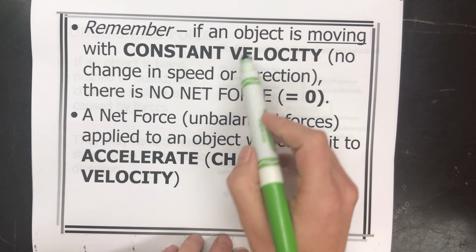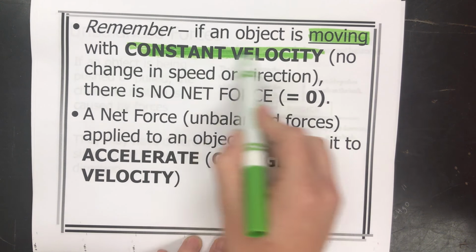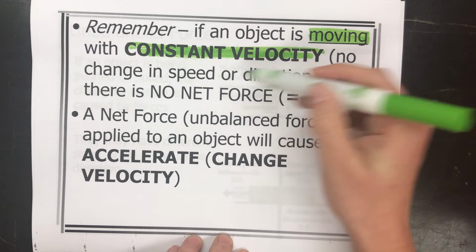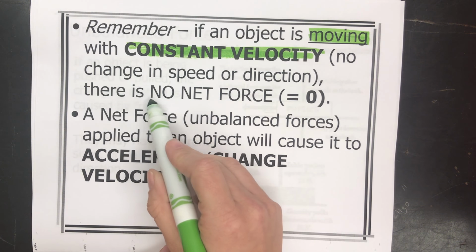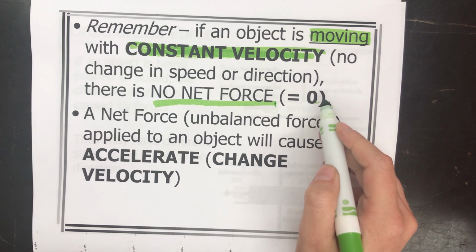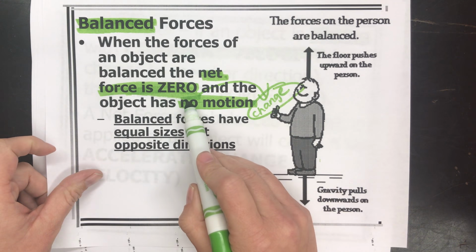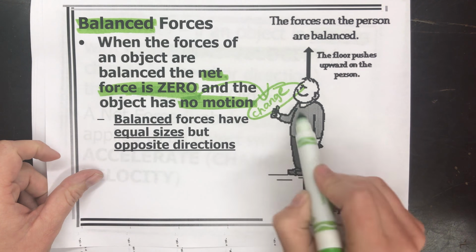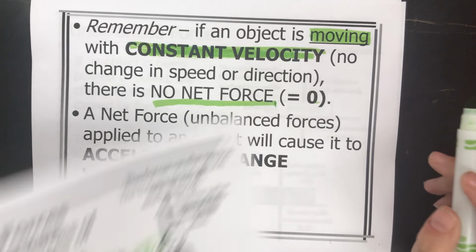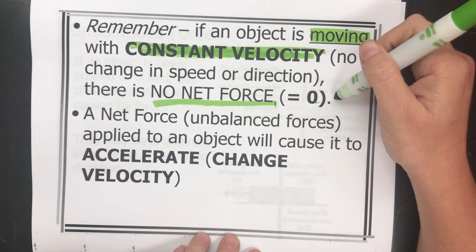Now, remember, if an object is moving with constant velocity, meaning the speed does not change, there is no net force. Net force equals 0. So that's coming back to this slide here. If the net force is 0, that means there's no change in motion, so that means it's a constant velocity. So constant velocity also means net force equals 0.